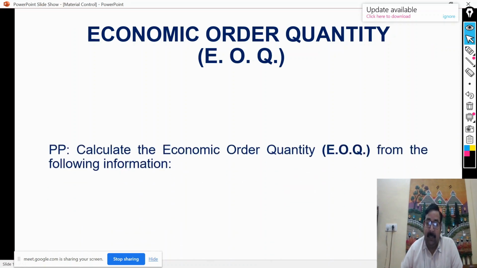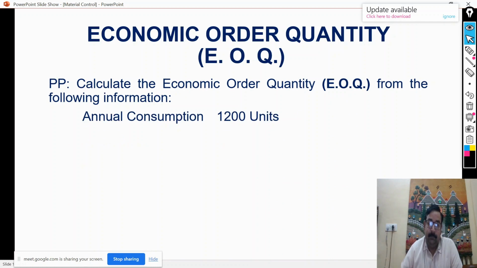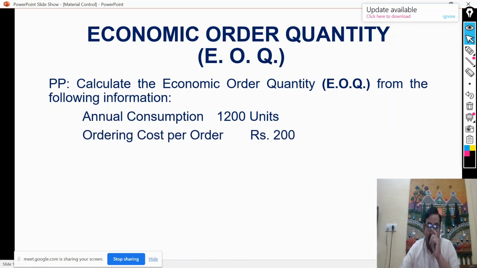Let's clarify with an example. Calculate the economic order quantity from the following information. Annual consumption 1200 units, ordering cost per order rupees 200, unit price rupees 100. Is it clear?